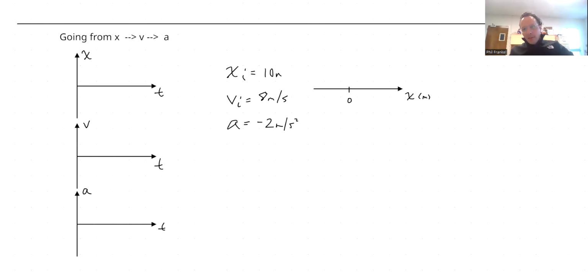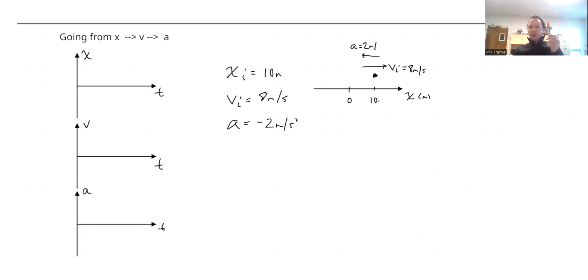It's got an initial velocity of positive 8 meters per second, which means 8 meters per second to the right. And it's got an acceleration of negative 2 meters per second squared, which means 2 meters per second squared, and the arrow shows me to the left.